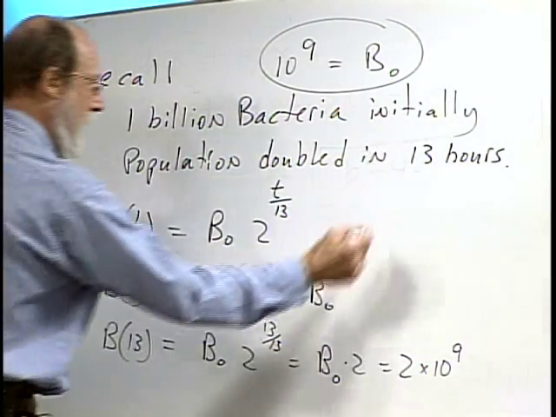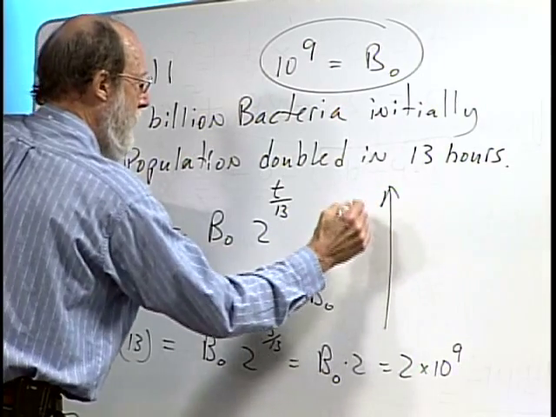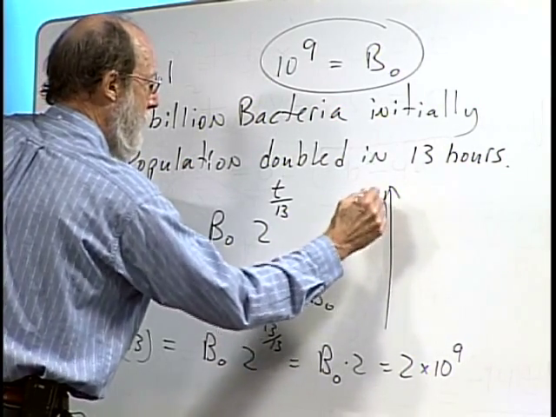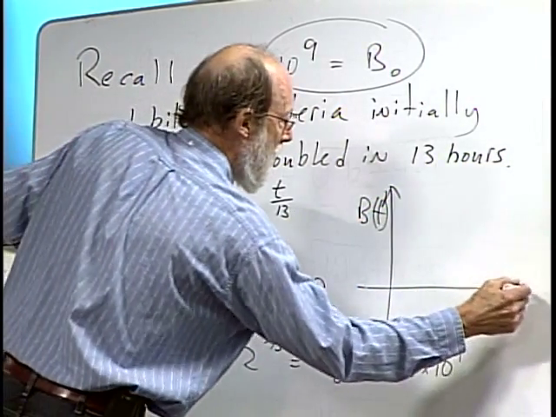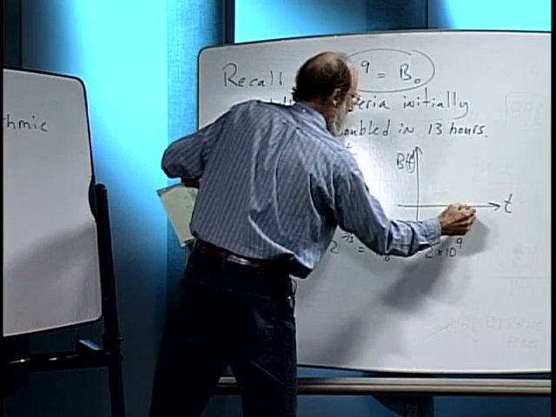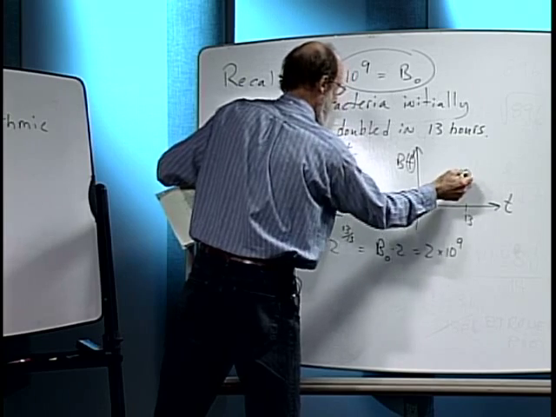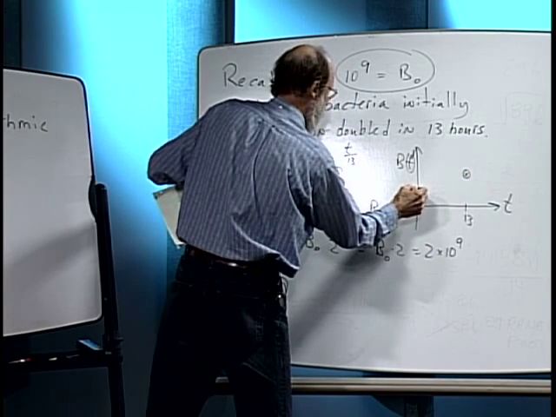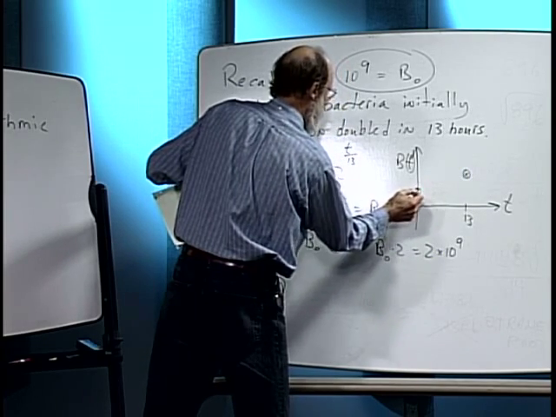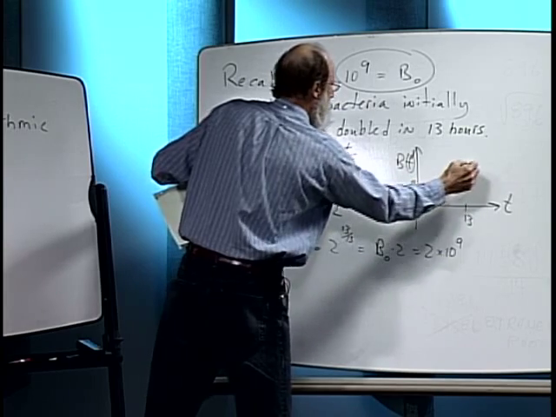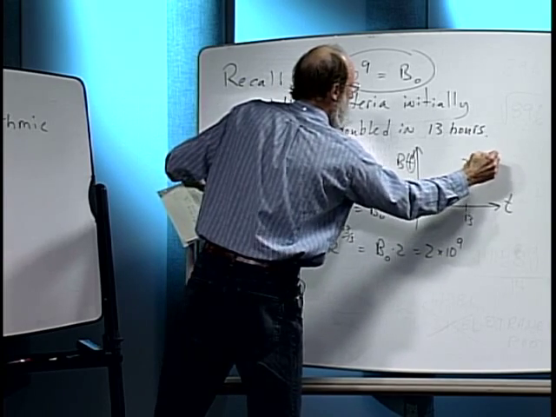The model we had as a graph then is the population as a function of time in hours. After 13 hours, the population is 2 billion, and initially it was 1 billion, or 10 to the 9th here, and then 2 times 10 to the 9th there.